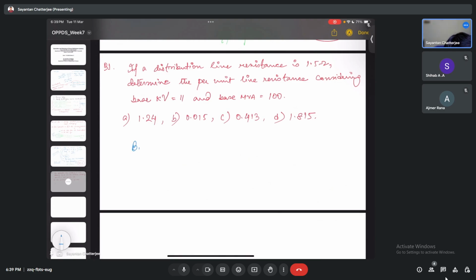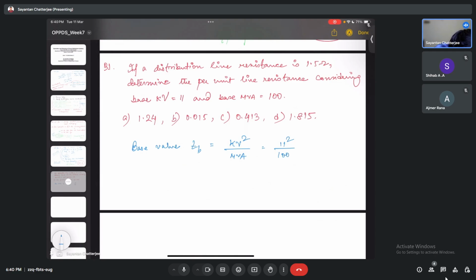So the base value of the resistance we can obtain, we can say ZB. Here no impedance is there, so it will be RB only. So it will be kV square by MVA, so 11 square by 100.